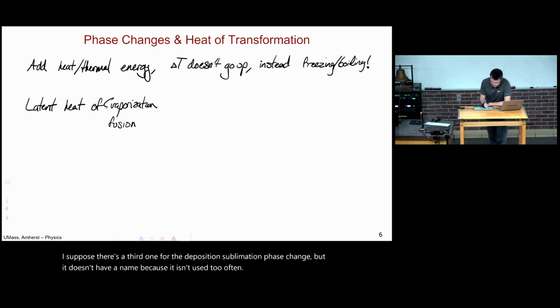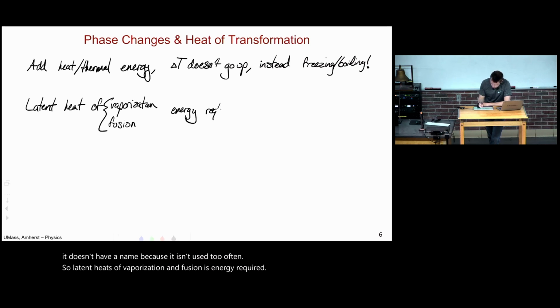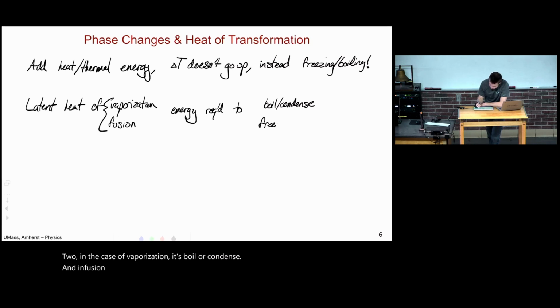So latent heats of vaporization and fusion is energy required to, in the case of vaporization, boil or condense. And in fusion, it's freeze or melt, 1 kilogram of substance.